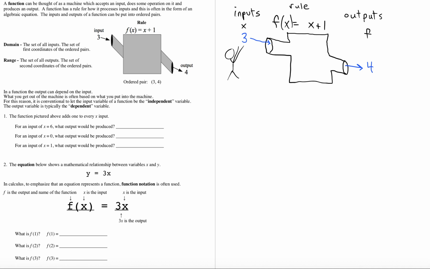Now, inputs and outputs of a function can actually be put into coordinate pairs or ordered pairs. So this combination of 3 and 4, we see that x is 3 on the left, and then f is 4. But this is f of 3, meaning 3 was the input, and the 4 is the output. That's how you'd write it.